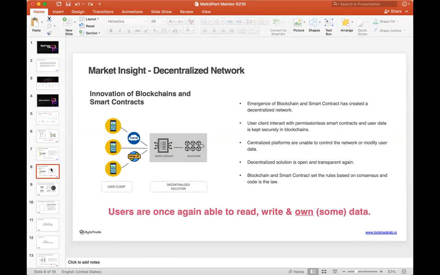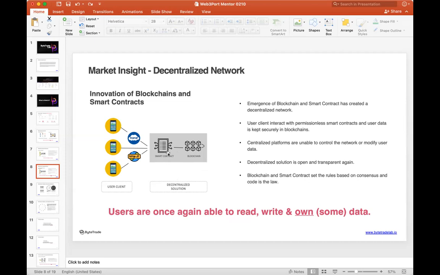Next, with the emergence of blockchains and smart contracts, we regain the decentralized solution. The decentralized network is similar to the previous structure, where the smart contract acts as the server and the blockchain acts as the database.